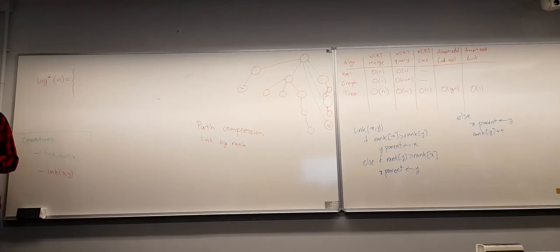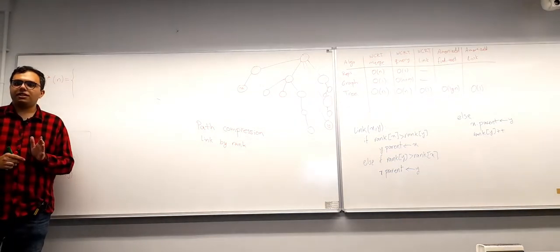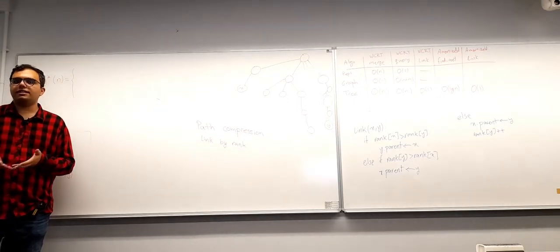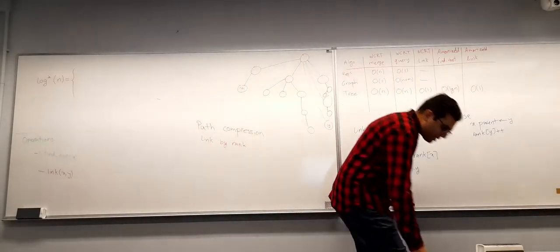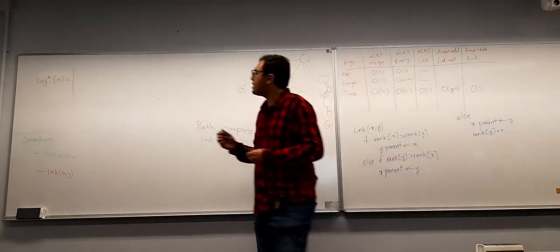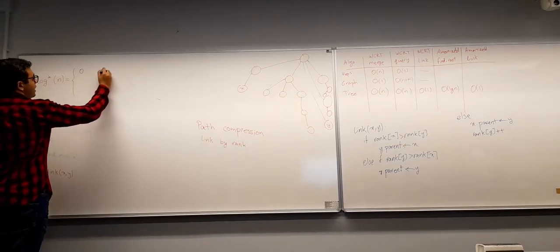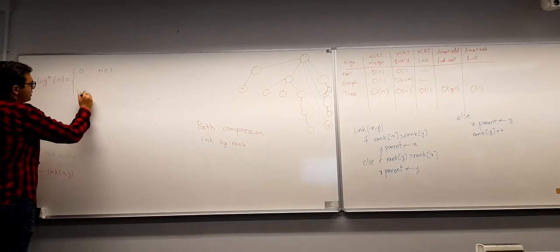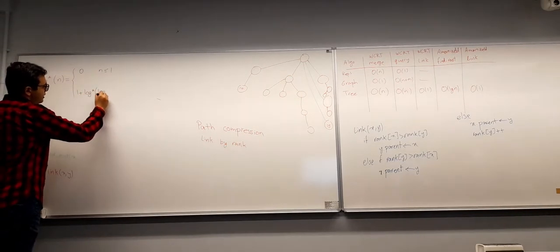So log star of n is the number of times that you have to take the log of n until you get to something that is less than 1. Okay. So if I want to formally define it, I would say that log star of n is 0 if n is at most 1. And otherwise, it's 1 plus log star of log of n.